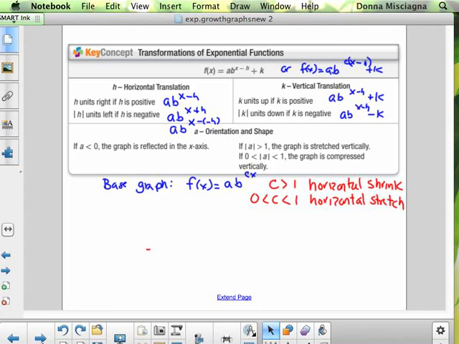Whatever the sign of the value you add to or subtract from the whole function is the vertical translation. It's up if it's positive, it's down if it's negative, right? And then if the starting value is negative, the graph is reflected. If there's a negative on x, the base is really the reciprocal, right?